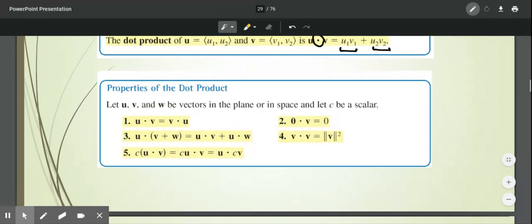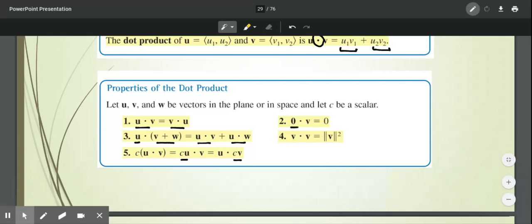But different properties of the dot product: you can go in either order, U dot V or V dot U. If you have to do U dot (V plus W), you could do the V plus W first and then do the dot product, or you could distribute and do U dot V plus U dot W. Same thing with the C. You could distribute the C to either the U or the V, but you wouldn't distribute it to both because it's almost that idea that you're multiplying, but you're not really multiplying.